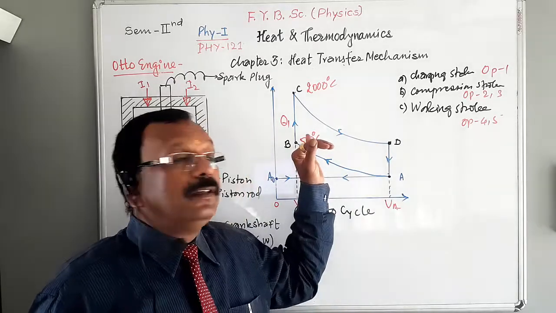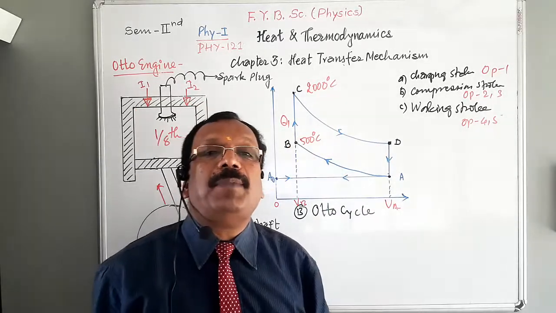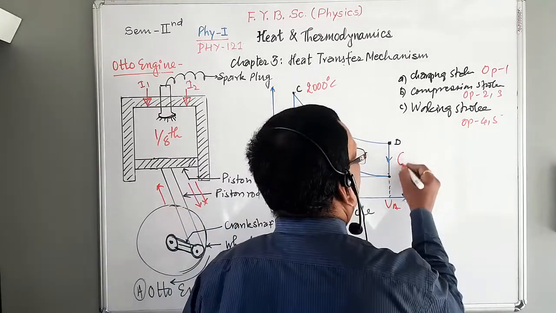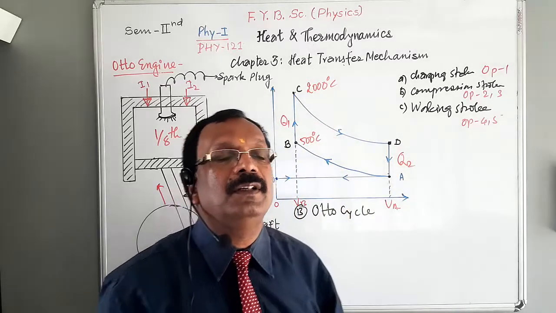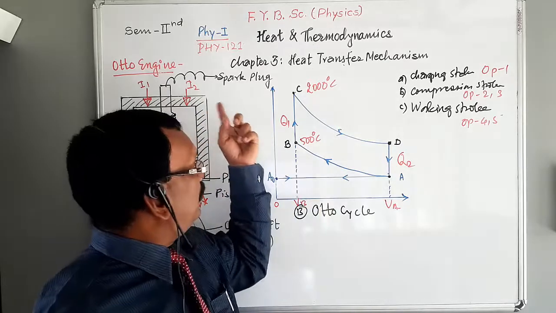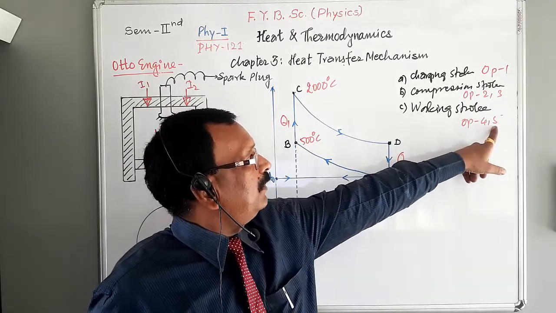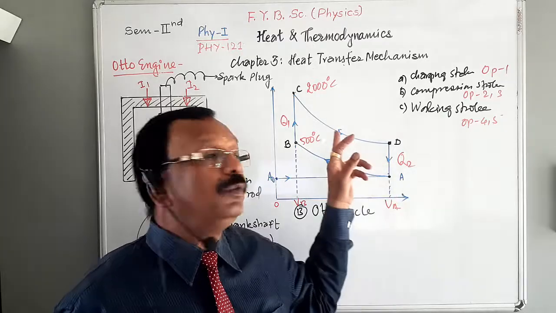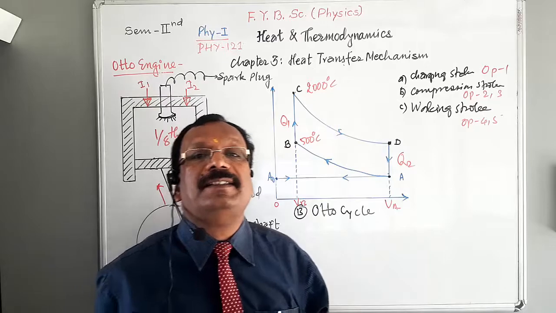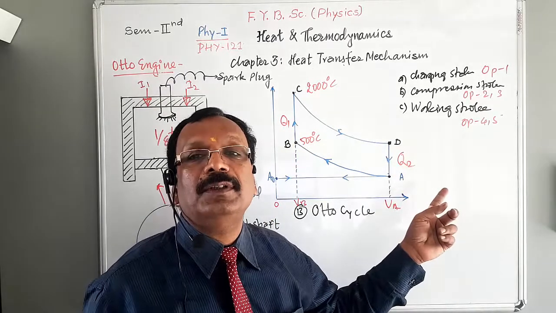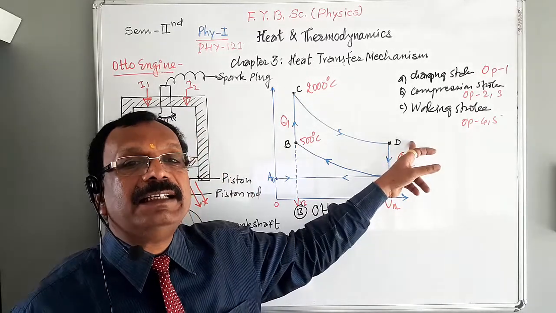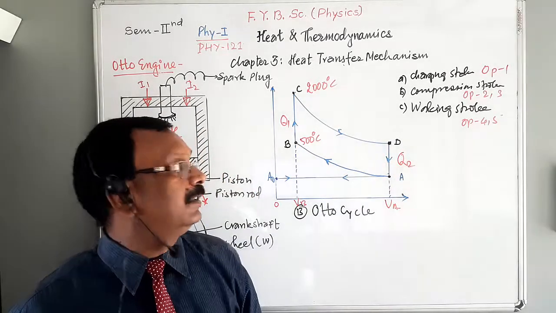As the outlet valve I2 opens, a part of the hot gases along with an amount of heat, say Q2, goes out. The pressure and temperature suddenly decrease.